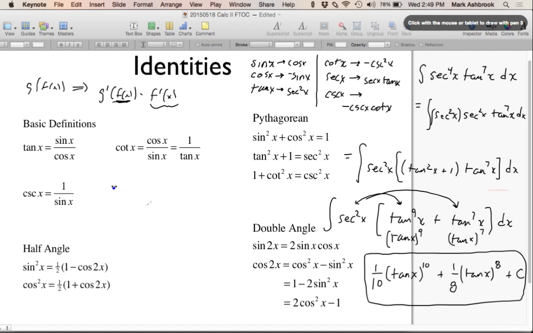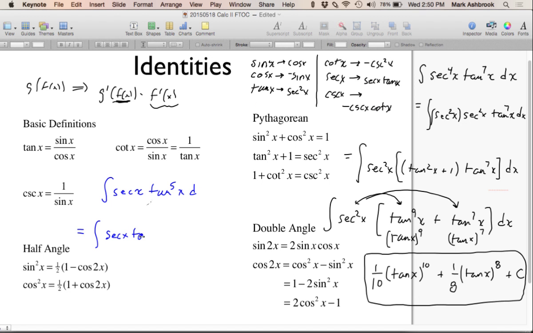So what did I say? Secant times tangent to the 5th. What are we looking for? We're looking for one of these derivatives to pull out and then get everything else in terms of its antiderivative. So what can we pull out? Right. Pull out a secant x tangent x. Now we have times tangent to the 4th, and we want to rewrite that tangent to the 4th in terms of secant.